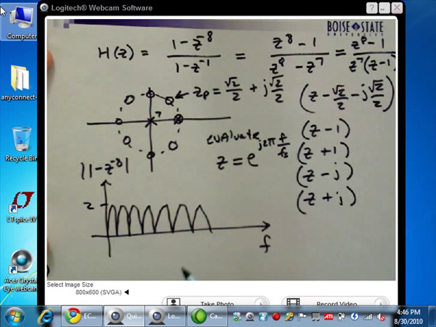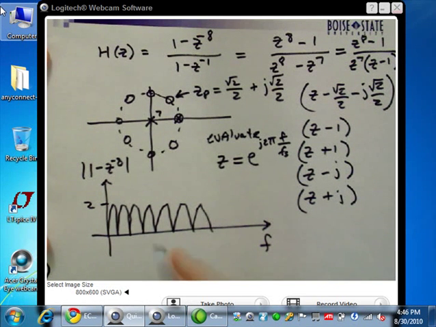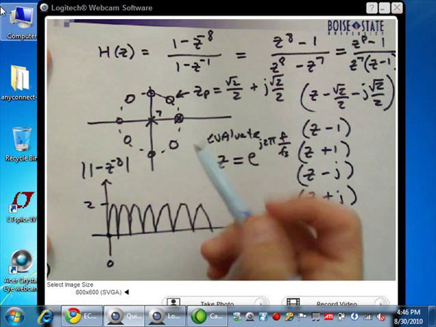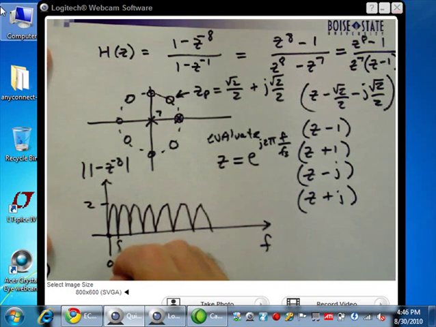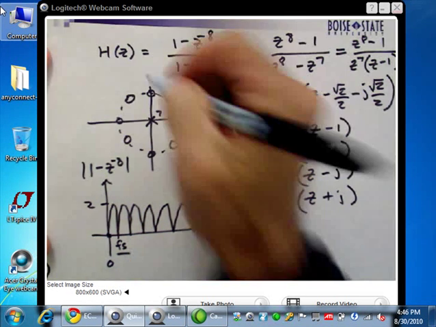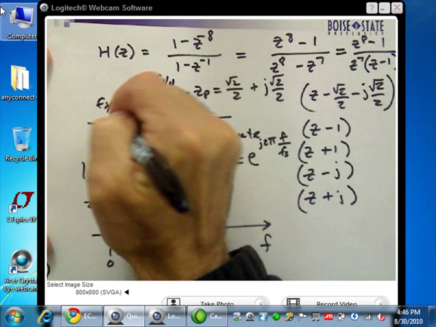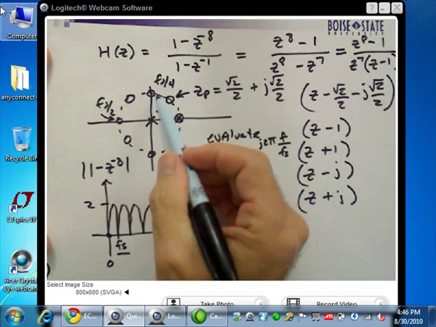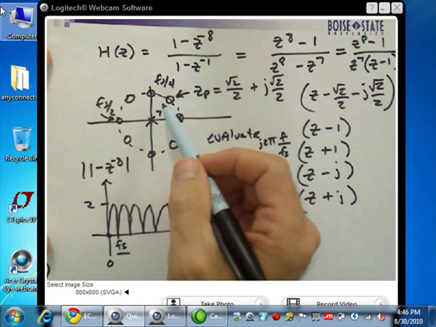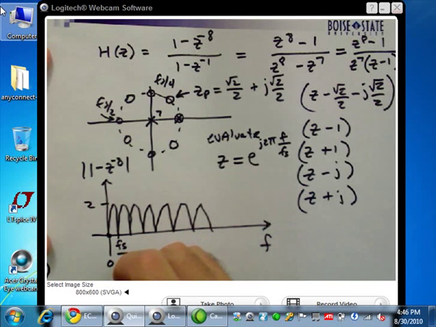2. Okay, so now what's this first point right here, just plotting this? 1 minus z to the minus 8? 0. This one is, wait, this is Fs over 4, right? And this is Fs over 2. So wouldn't this be halfway between? Yeah, Fs over 8, or let's keep it generic, Fs over k.